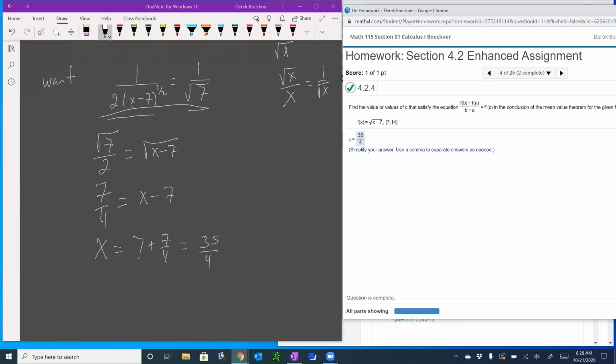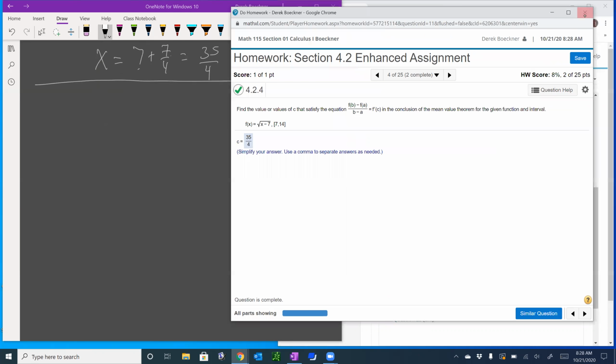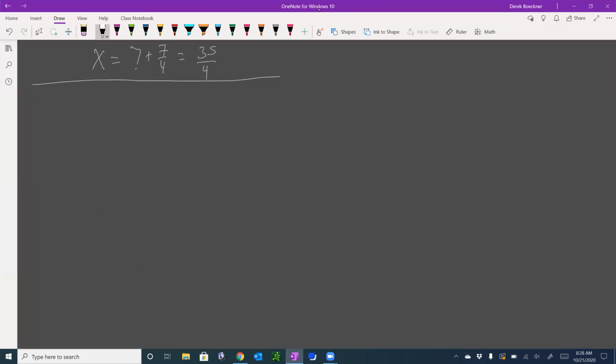Okay, 4.3, we've already kind of talked about when we were talking about optimization. We just didn't formally call it first derivative test or anything. So let's formally talk about 4.3 stuff.